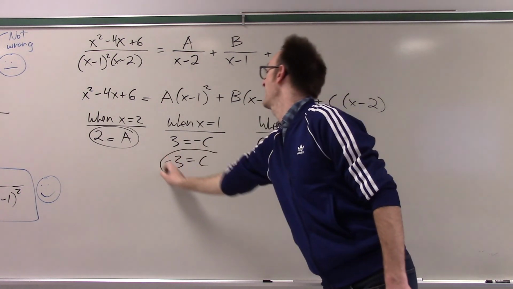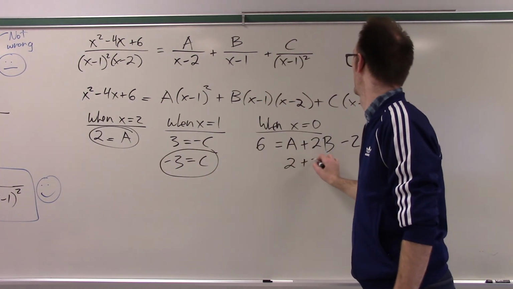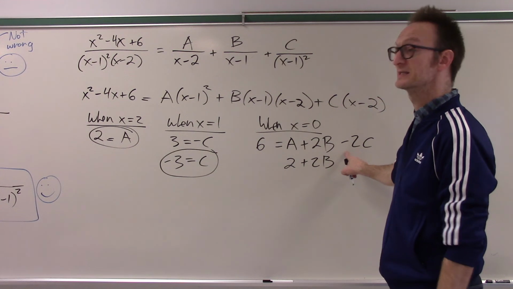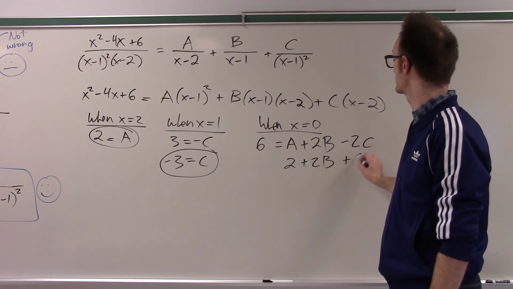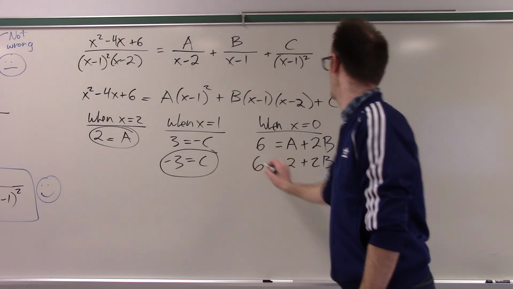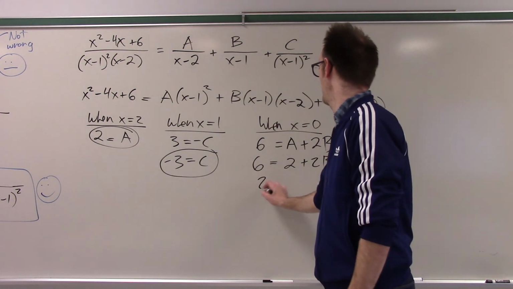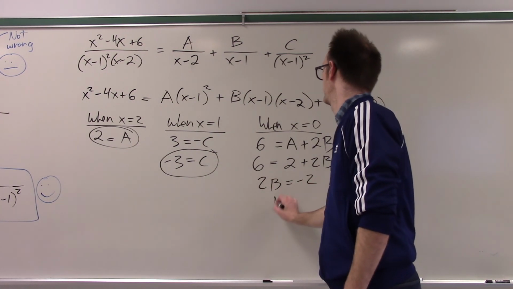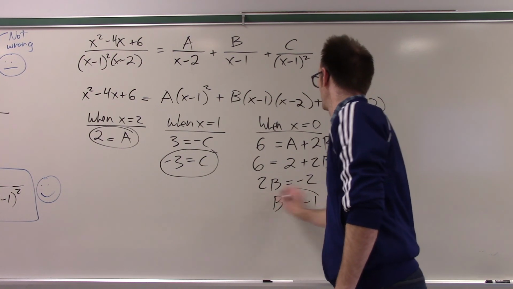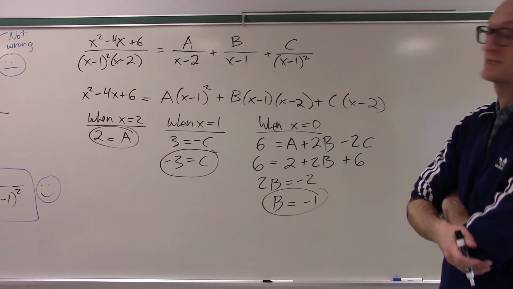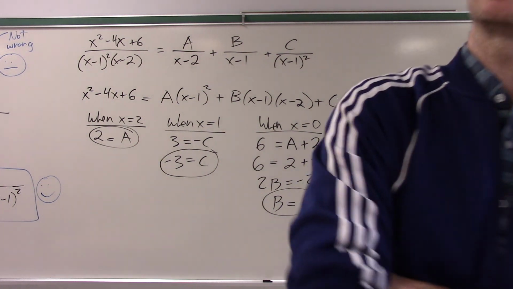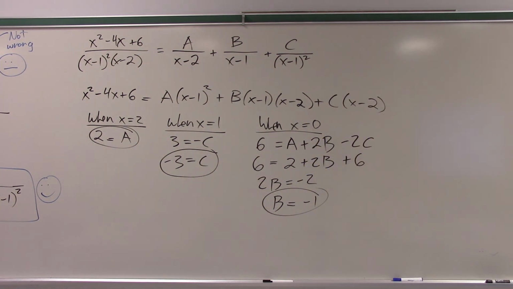But since a is 2 and c is negative 3, that becomes plus 6. And if I did this correctly, the 6's cancel, and 2b is negative 2, so b is negative 1. And this is exactly what I got a minute ago when I did it the long way. Okay, hopefully that helped. Goodbye.